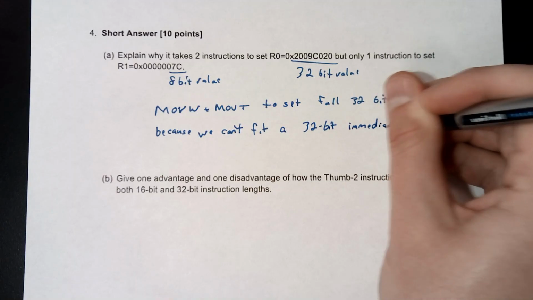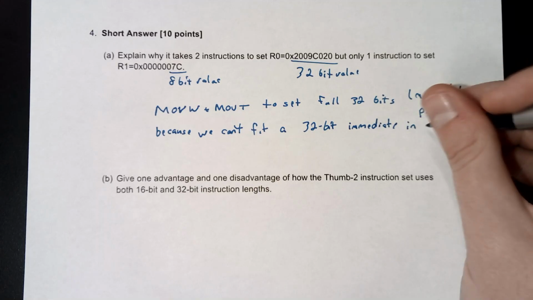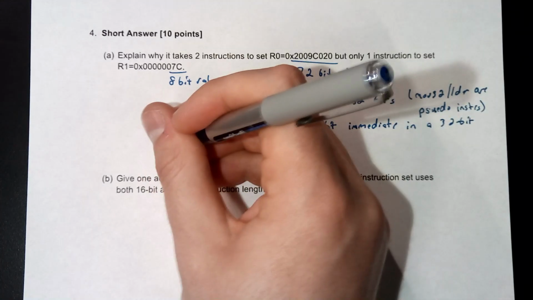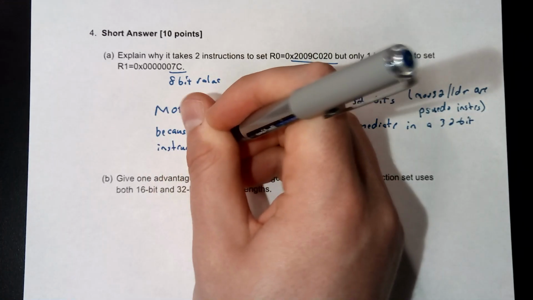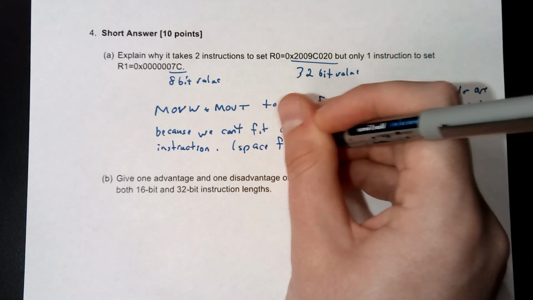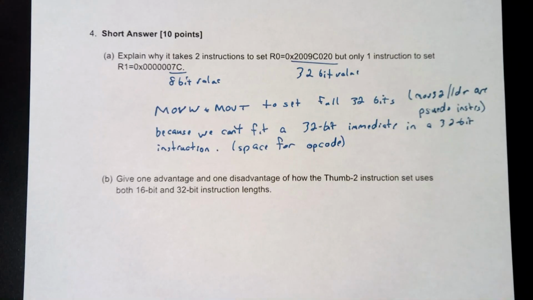We need to have some bits for the opcode, so we need to have some space for that. Need space for opcode, right? We need to tell the processor what we want it to do, and we need some space for that. For an 8-bit value, well, we can fit that into a 32-bit instruction, so that's possible.